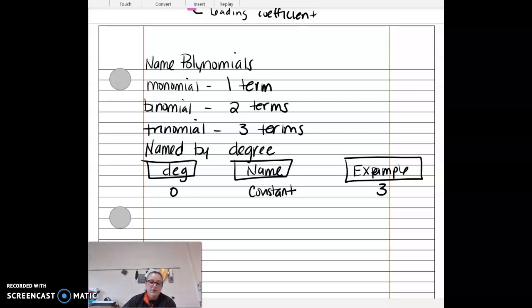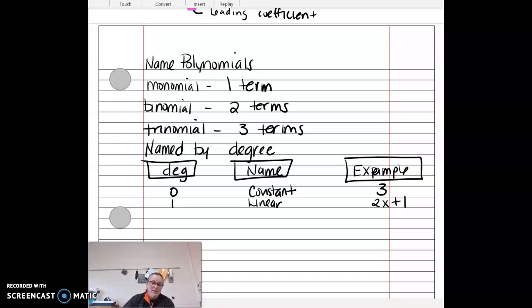All right, if your degree is 1, we have a linear function. So like 2x plus 1, mx plus b. This is a linear function because the highest degree is 1, and our constant number here has a degree of 0. So this is a first degree, with 2 terms here. So first degree linear binomial polynomial.